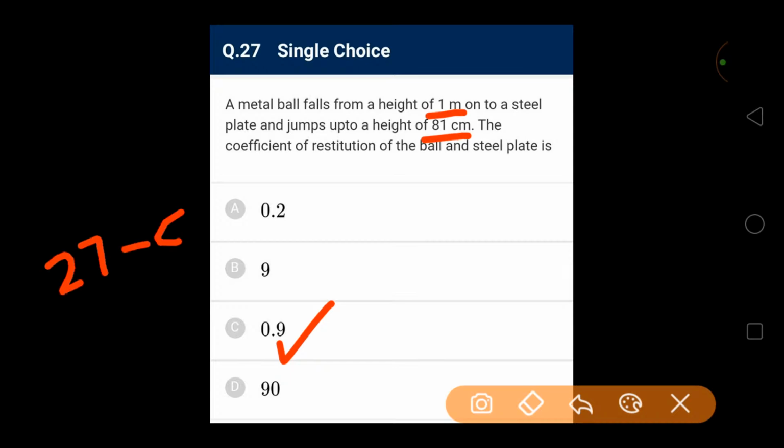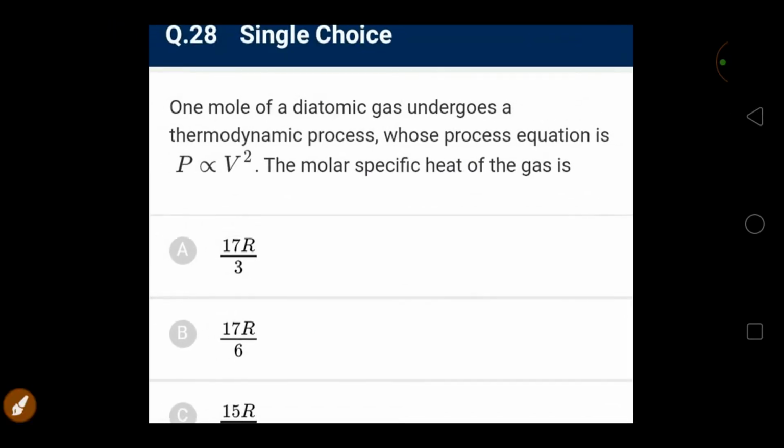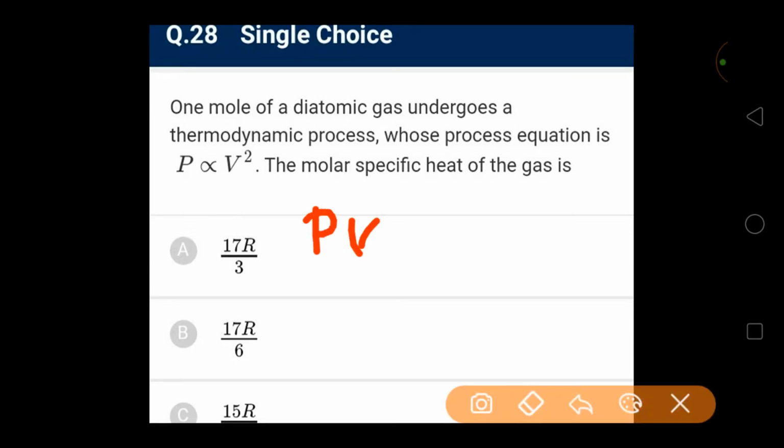So 27 is C. It's a polytropic process. 1 mole of diatomic gas undergoes a thermodynamic process whose process equation is P proportional to V squared. Find the molar specific heat of the gas. So shall I write this as P by V squared equal to constant, so PV to the power minus 2 is equal to constant.